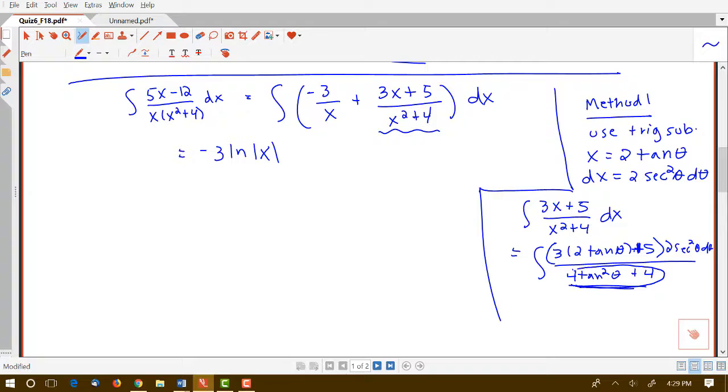So notice that this 4 tan squared theta plus 4 would be 4 secant squared theta when we use the identity. So the secant squareds here would cancel, and I would also be able to simplify that 2 over 4 and just have 2 as the denominator. So notice that I would have this 1/2, the integral of 6 tan theta plus 5 d theta.